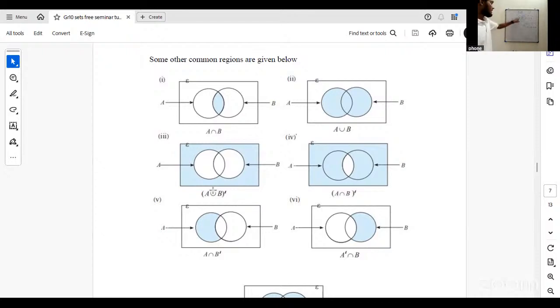This part is A union B. The outside part is not from A union B. So what region should be shaded then? The outside part. This dash mark means the complement, that means not from A union B. This region is what you call A union B.